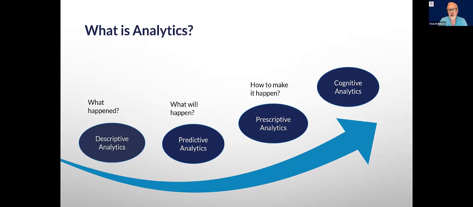And we can start that today, change the output today, so that we guarantee or make sure that we're going to have the outcome that we want in the future. And so we'll touch on that in this program as well, prescriptive analytics, hugely important.